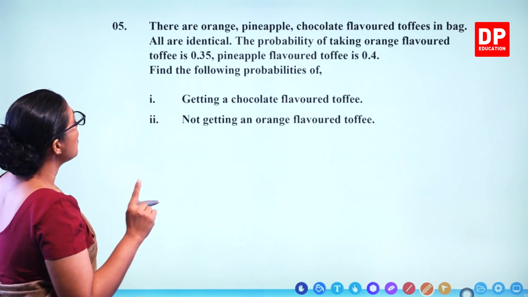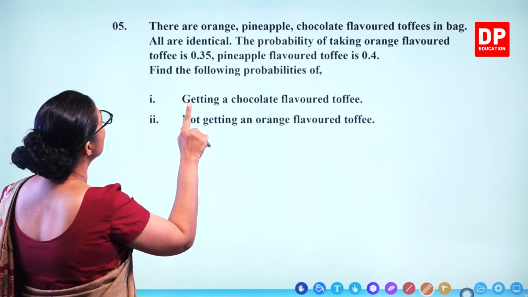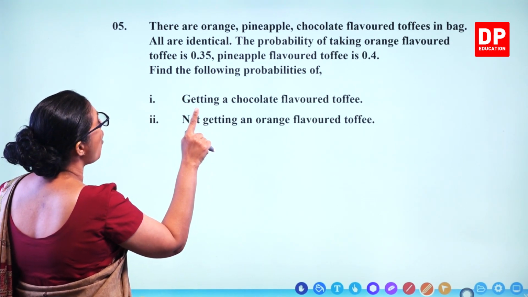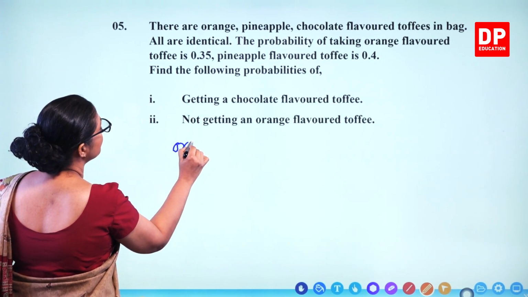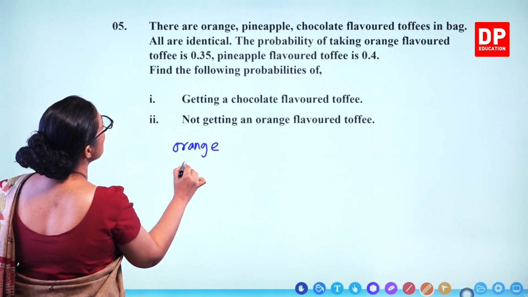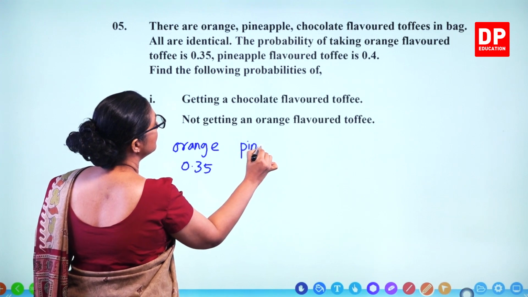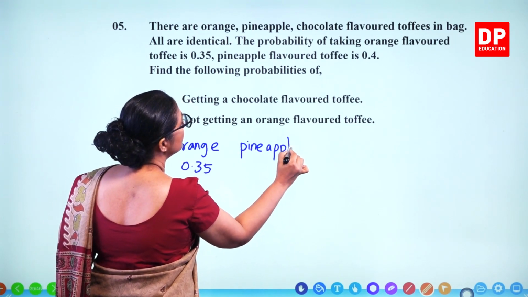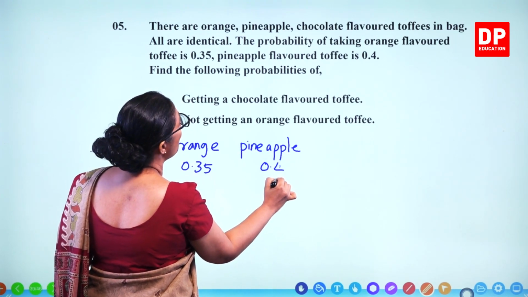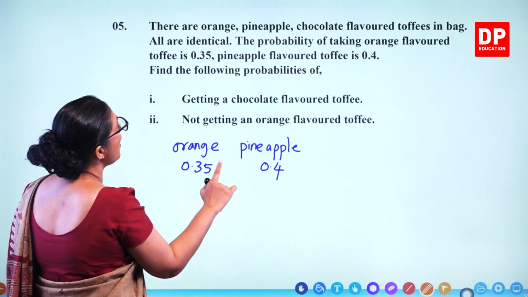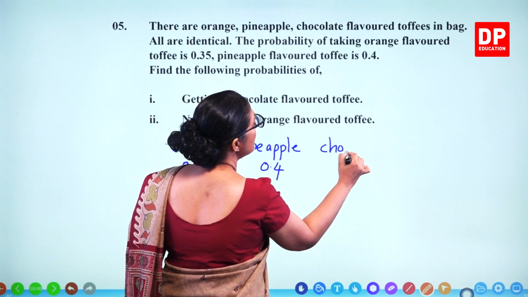So we have to find out how many are there. So the probability of taking orange one, 0.35. Pineapple one, 0.4. And orange, pineapple, chocolate flavor, the remainder.